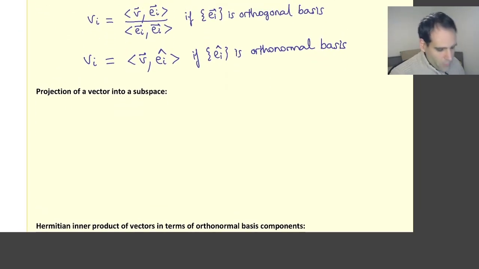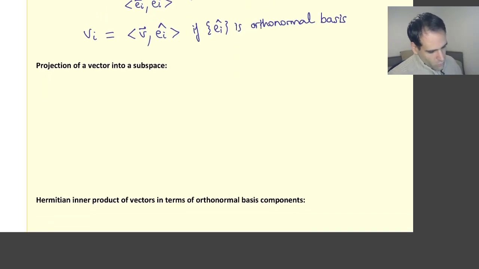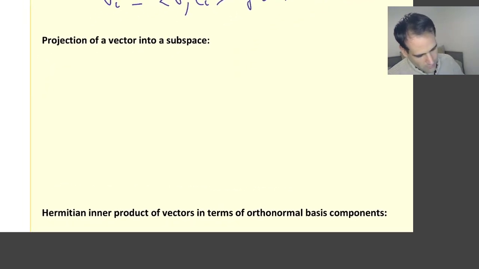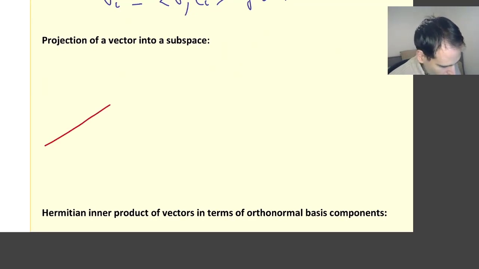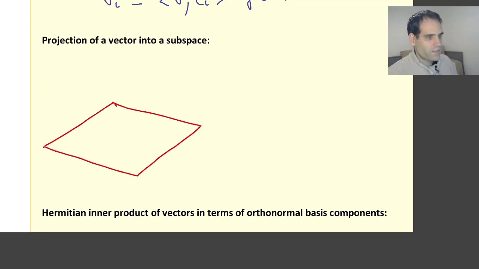Then we can use the inner product to do a projection of a vector into a subspace. Okay, so let's see what this means and how we can write it. So let's imagine we have a subspace which is a plane like this. Okay, this is our subspace.